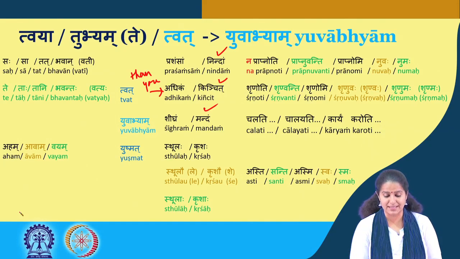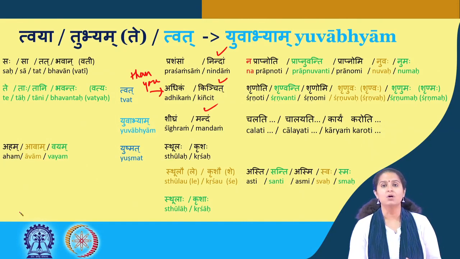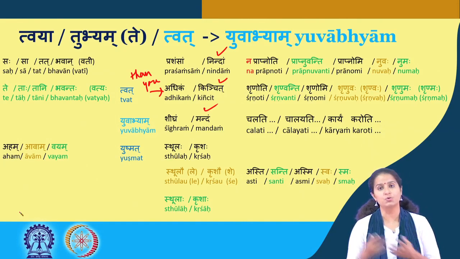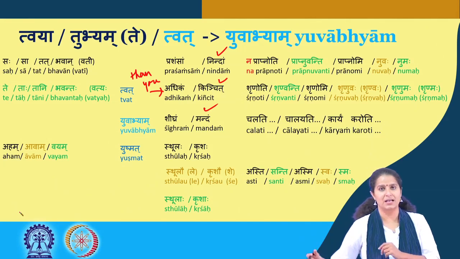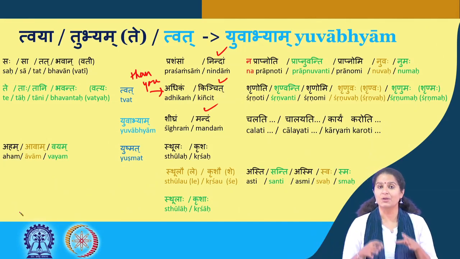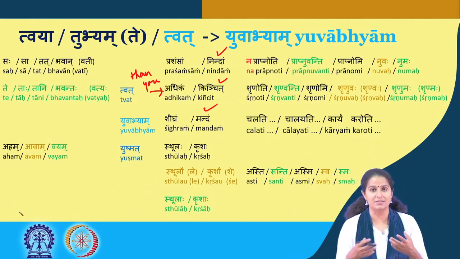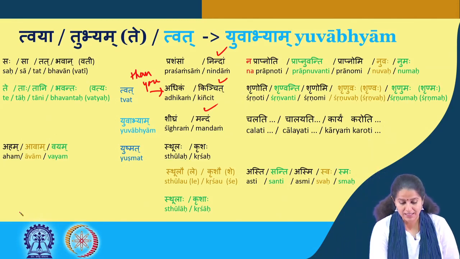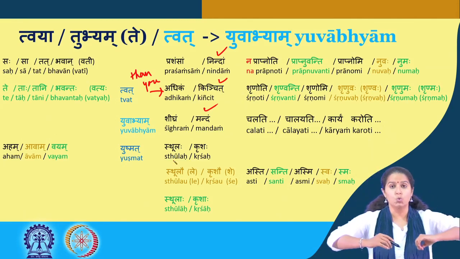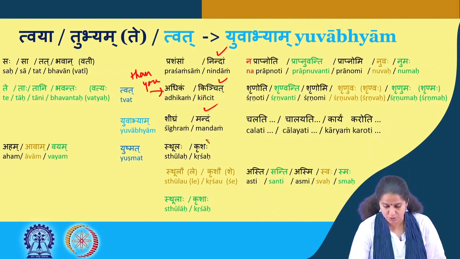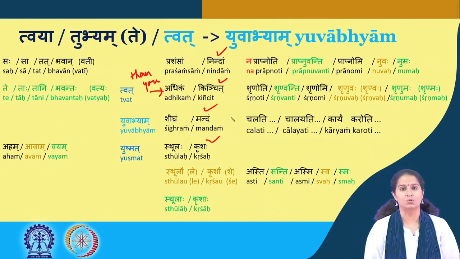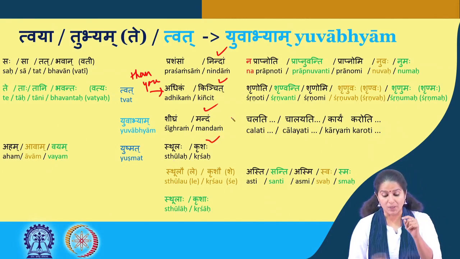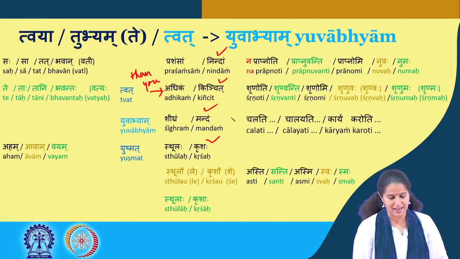In the previous case of shighram and mandam, we had seen that they were adverbs to the verbs, the different verbs chalati, chalayati, karyam, karoti. Next, we can also use this for the adjectives, where it is saha, tvat, sthulaha or krishaha, and we will stick to krisha because we've already looked at sthulaha. So saha, tvat, krishaha asti. Next, saha yuvabhyam krishaha asti.